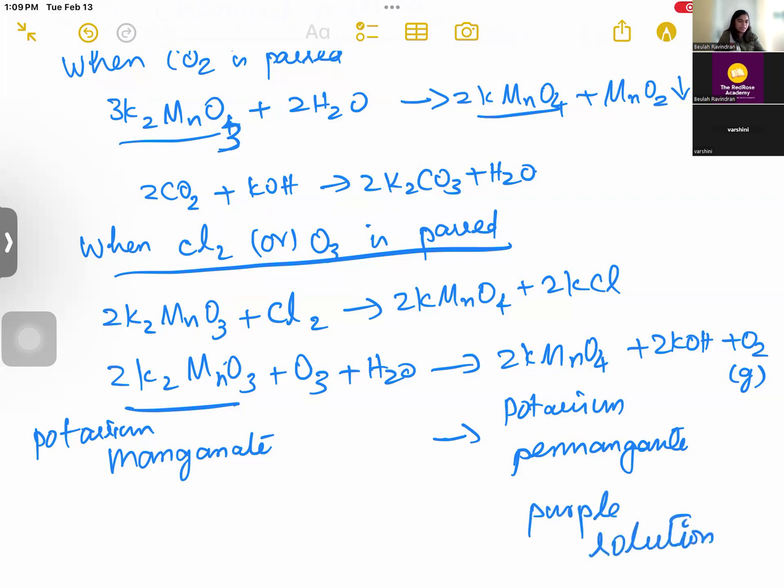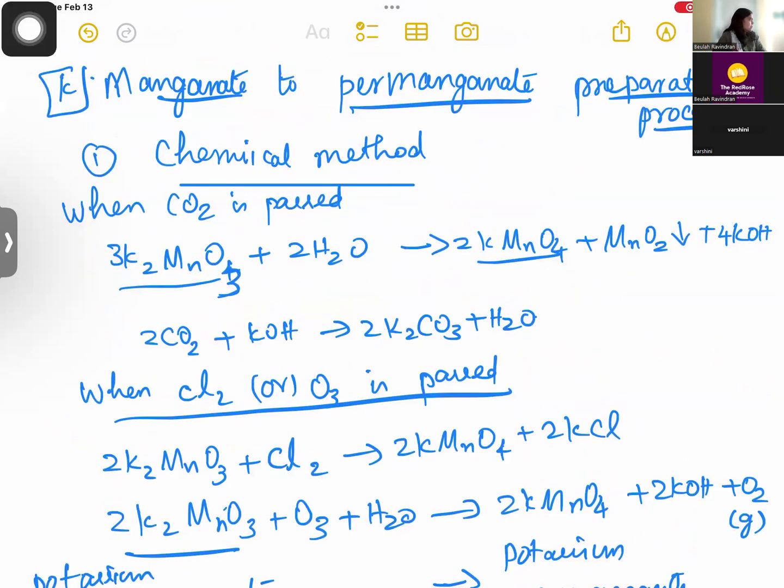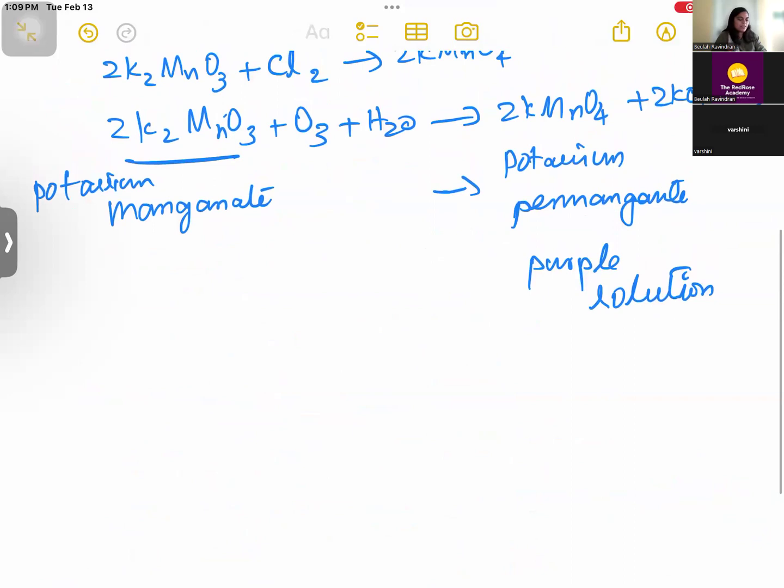Which one is dark green color? That is pyrolusite, the oxide MnO2. This precipitate is green color. Now you are receiving the potassium permanganate. It is a purple solution, dark purple color. It looks like dark needle crystals. Okay. So needle-like crystals.